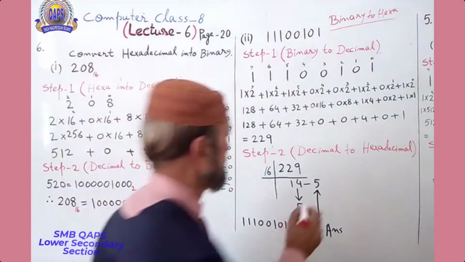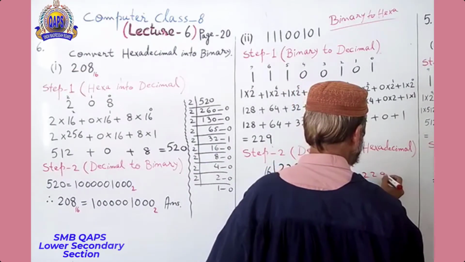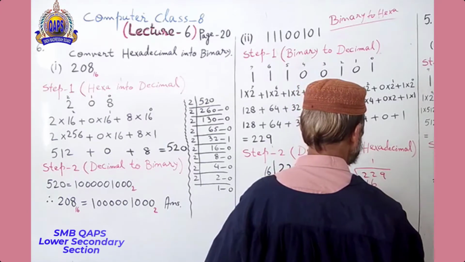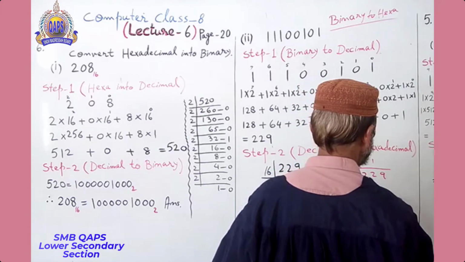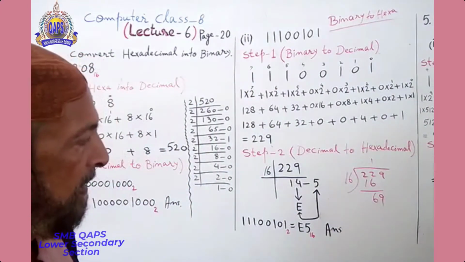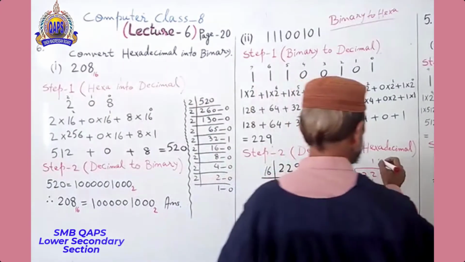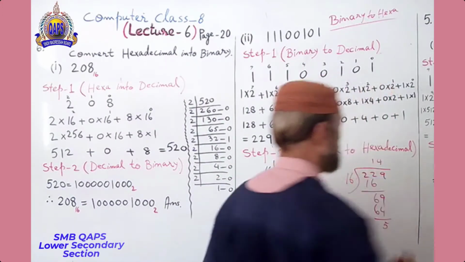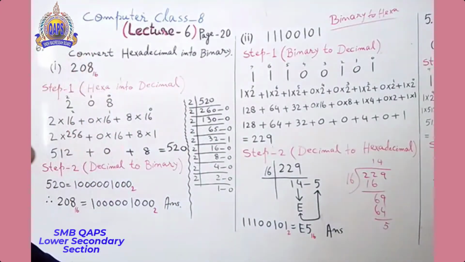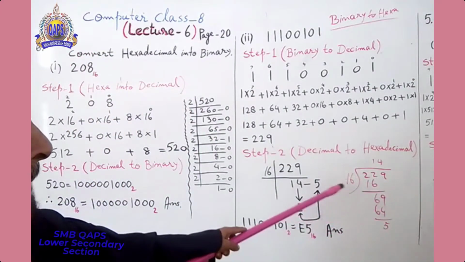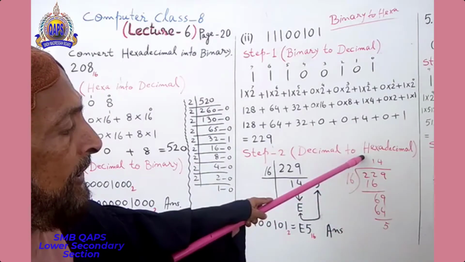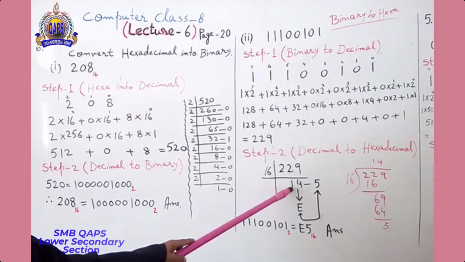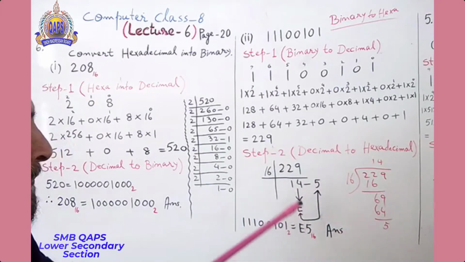Look over here. Okay? Understand? When you divide 229 by 16, the answer will be 14 and 5 left.